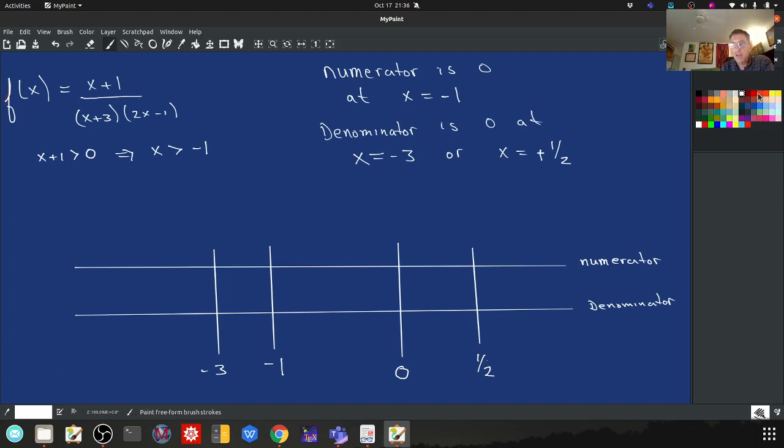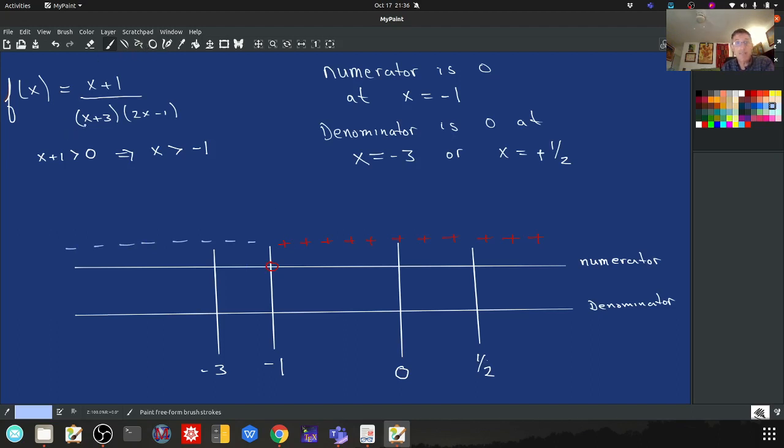So for the denominator, if x is greater than minus 1/2, it's positive. On the other hand, if x is less than 1/2, it's negative. So these are little minus signs that mean they're negative. At the value of x equal to minus 1, it's 0.